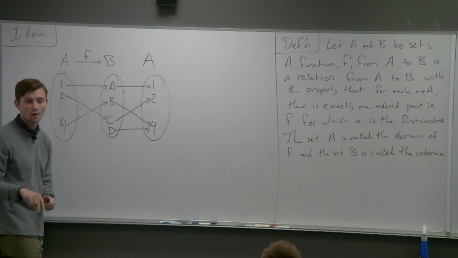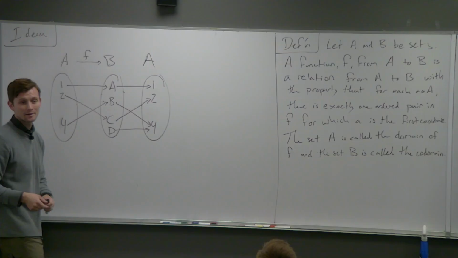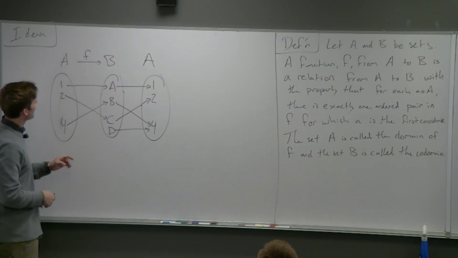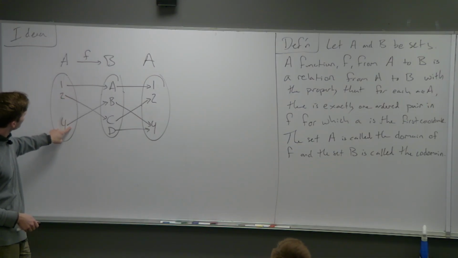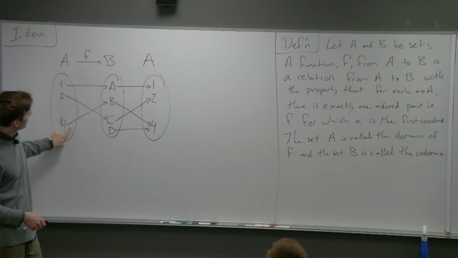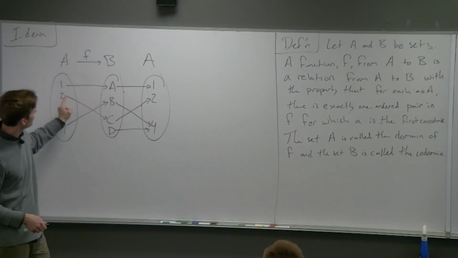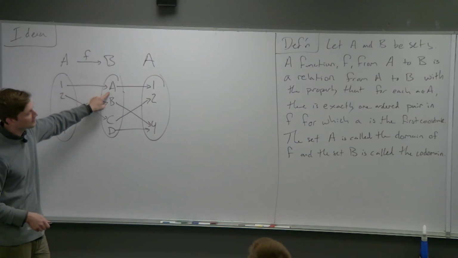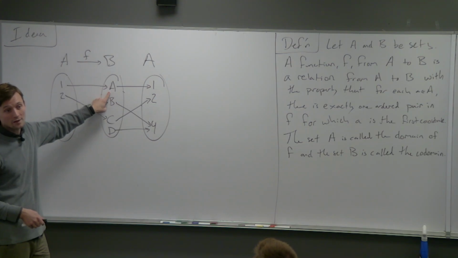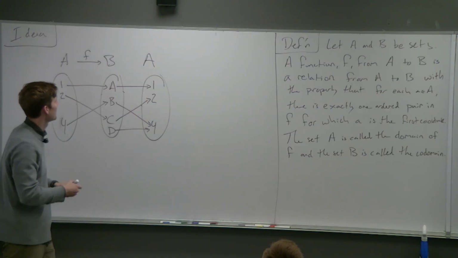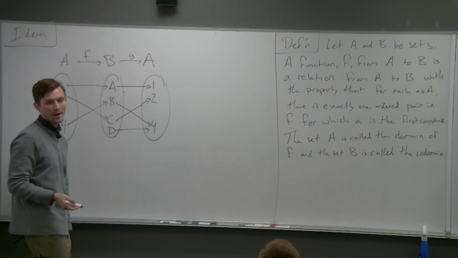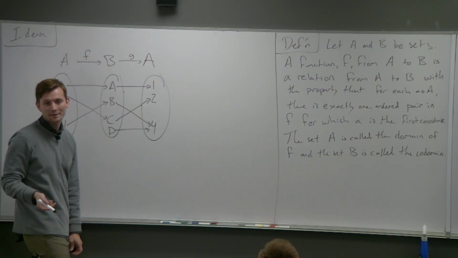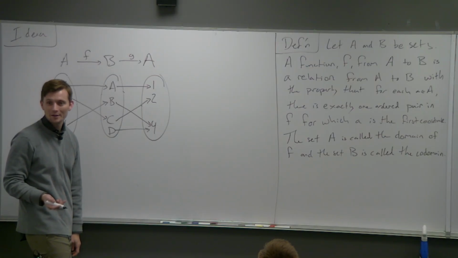It has one and only one arrow going out of everything in B. So what this tells you is that when you have the nice property that everything in A gets sent to something in B, and if something from A hits something in B, then that is the only thing that hits it, then you can generate a second function, let's call it G, such that if you go through them, you get back the identity function, the function that sends an element to itself. Yeah?